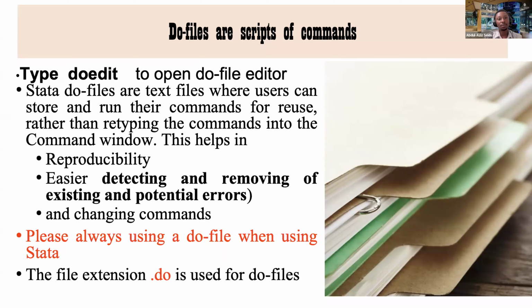To open that, you can just type doedit to open a do file, and you can type in your commands. There are also instances where you might get a do file from a colleague or another individual, and you can edit that to suit whatever analysis you want to do.